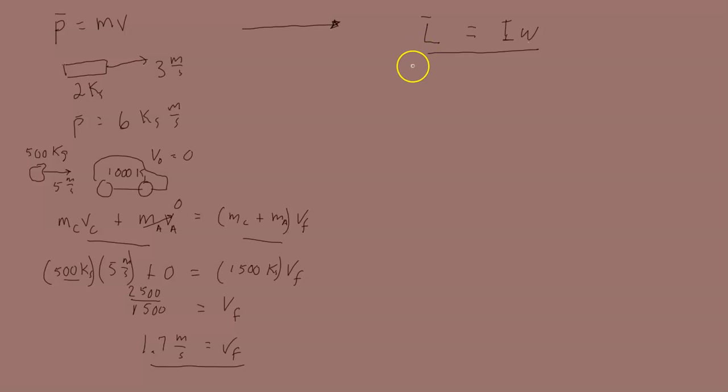So let's use the same principle and figure out a problem. Let's say you've got a merry-go-round, spinning at 2 radians per second.